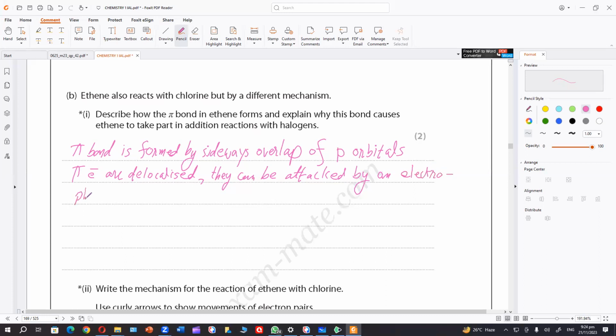This is not a job for radicals, it's for electrophiles. Okay. The pi bond at this point breaks. Addition occurs.